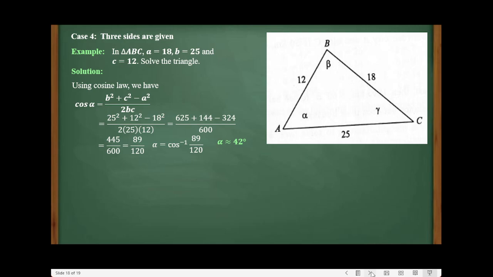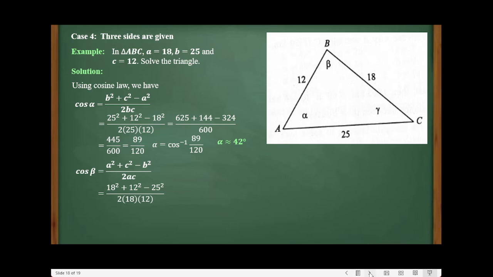Now, I think what we need to find out is the measure of beta. And this is the formula. Cosine beta is a squared plus c squared minus b squared all over 2ac. Substitute the lengths of the three sides. We have this resulting expression.